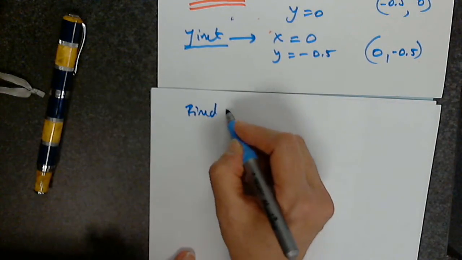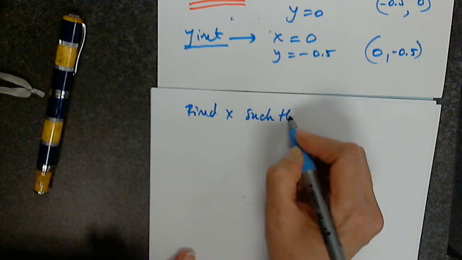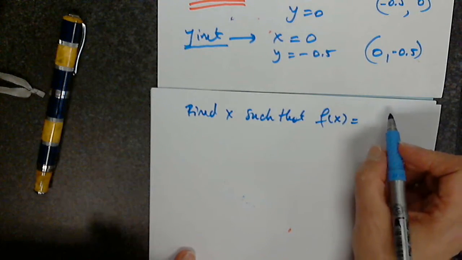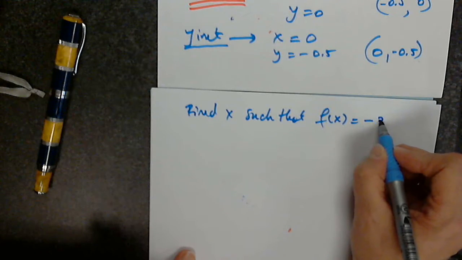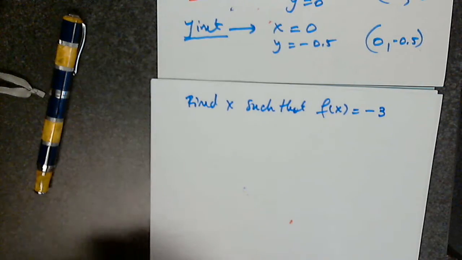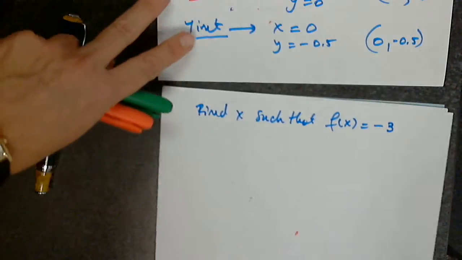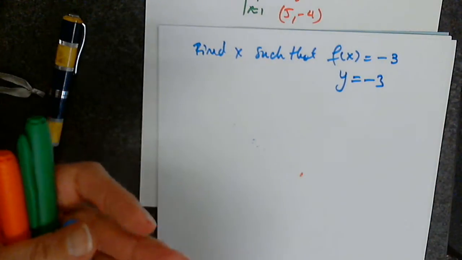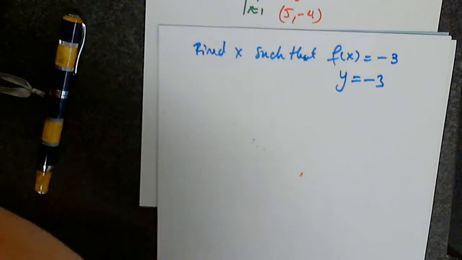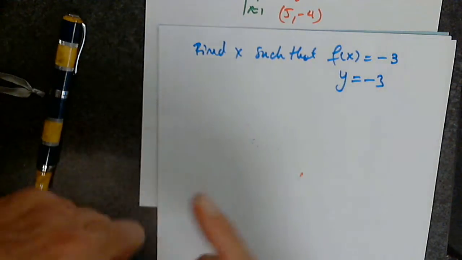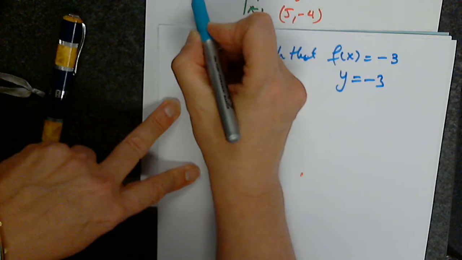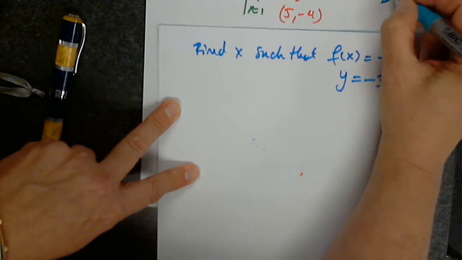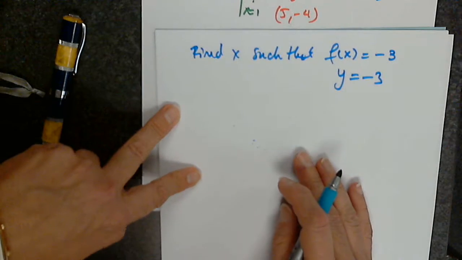Find x such that f of x is negative 3. What is given now? So y is? What type of line is y equals negative 3? Good. Does the graph cross?